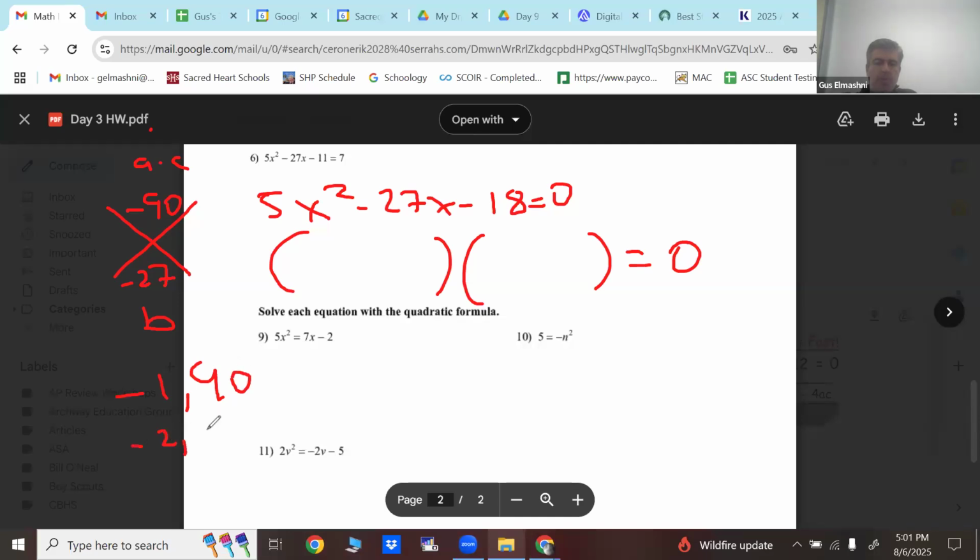And slowly increase one side and decrease the other side. Will that work? -2 and 45? What's -2 plus 45? 43. Okay. What's the next pair going to be? -3 and 30? 30. But we'll reverse to make it 3 and -30.